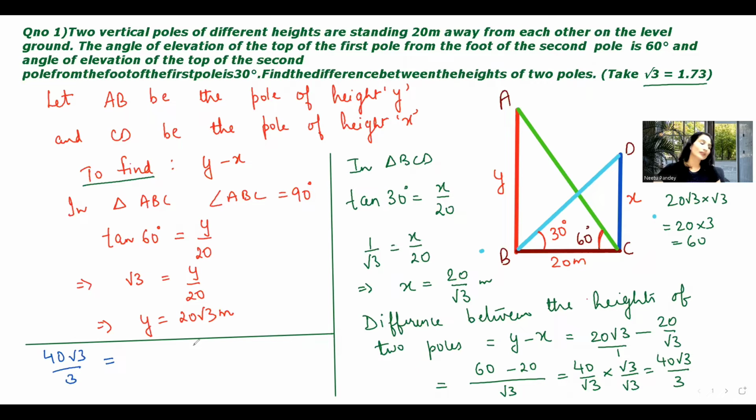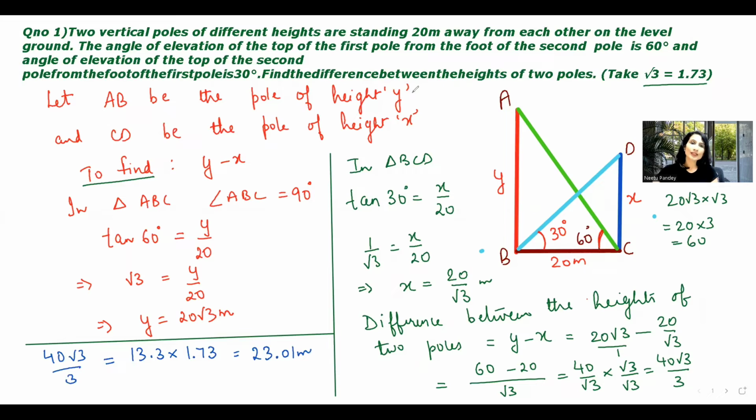If you divide 40 by 3, how much do you get? You will get 13.3, and √3 is already given as 1.73. So when you calculate, after rounding off, you will get 23.01 meters. Right?